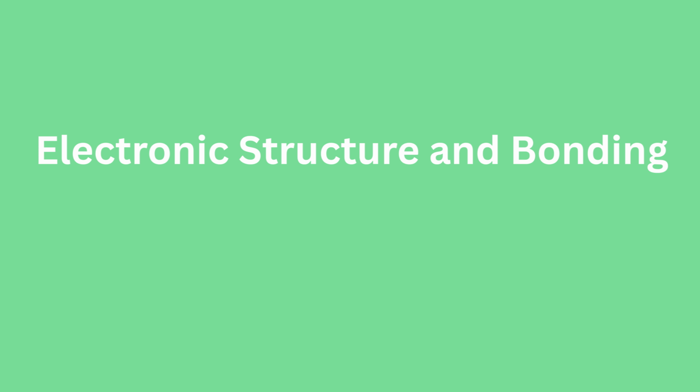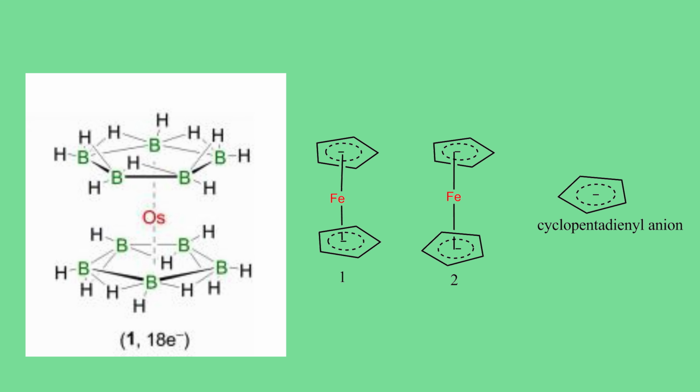Electronic structure and bonding. The bonding in the osmium-boron sandwich complex differs fundamentally from that in ferrocene.